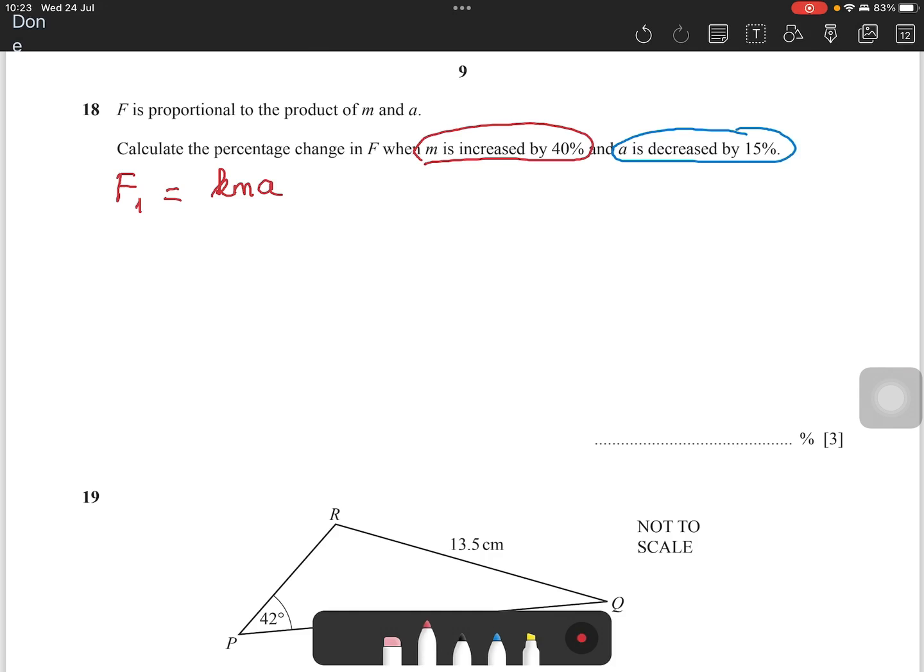So when M is increased by 40%, the new M is 140%, or we can write 1.4 M. And if A is decreased by 15%, then the new A is only 85%, or we can write 0.85 A.